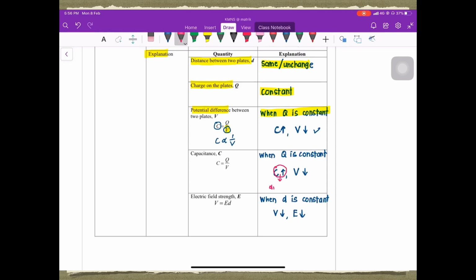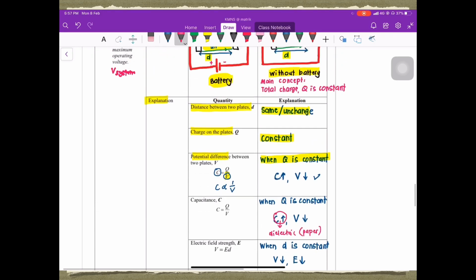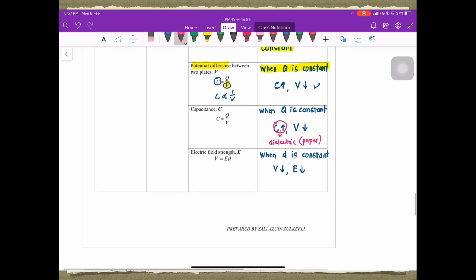Because of the dielectric, let's say paper. And the last part, the electric field strength. What happened here? For this case, it decreases. And then relate to the potential difference. When d is constant, what can we state? V is directly proportional to E.